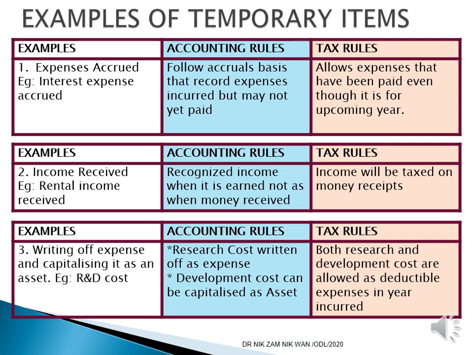Maknanya tak masuk dalam you punya profit or loss. However, for tax rule, both research and development costs are allowed as deductible expenses in the year incurred. So, nampak tak perbezaan dia?